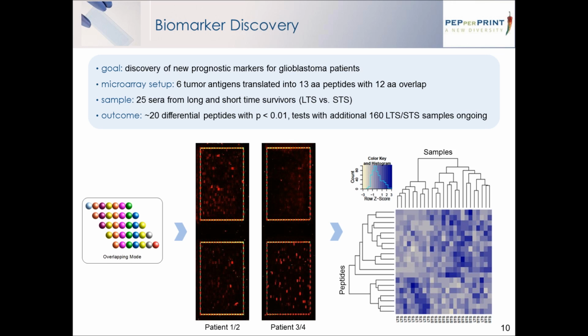So these peptides are now promising candidates for prognostic markers. Currently, we are testing 160 additional samples for hit validation. And in the future, a prognostic test on the basis of these peptide markers may not only help to stratify the patients, but also to select appropriate medication.